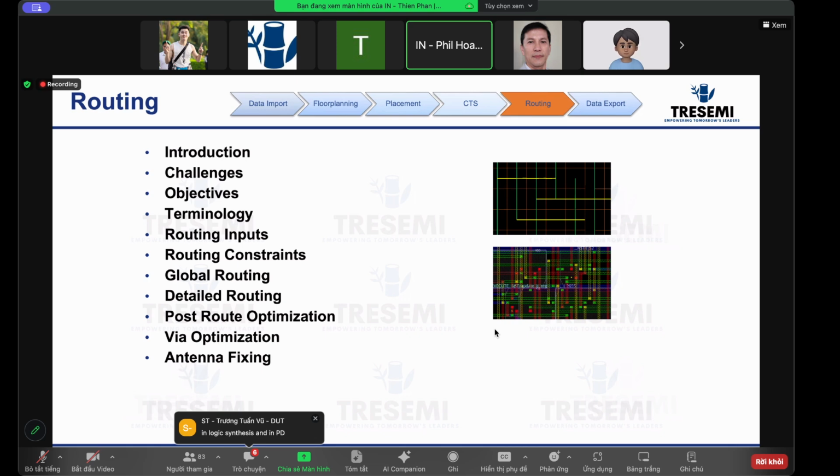In logic synthesis and in PD. Anybody else? Which part do you mean of the PD steps? Right, so what are the PD steps? Synthesis, place and route.